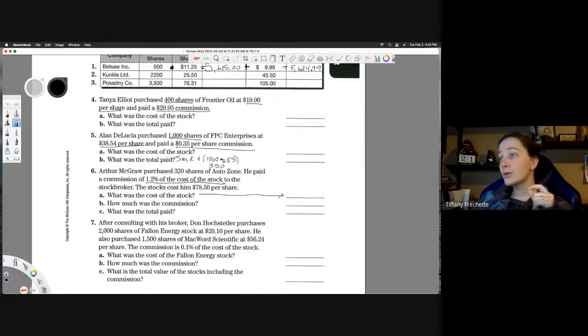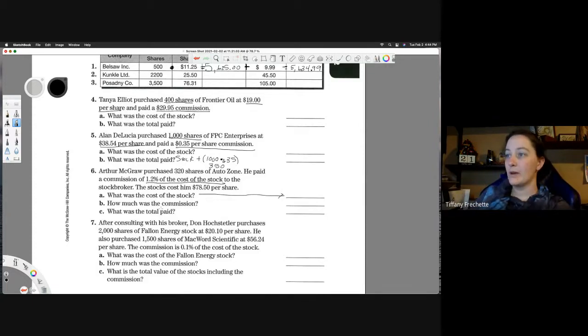And then the commission is based on the total cost of the stock. So I'm going to multiply by 1.25%. It's not $1.25 per share. It's a percentage of the total cost. So I'm going to multiply the total cost here by 1.25%, and that'll tell me how much my commission is. So that's another way they do commission, by percentage of the total cost. So the more expensive stock you buy, the more you're going to pay here.